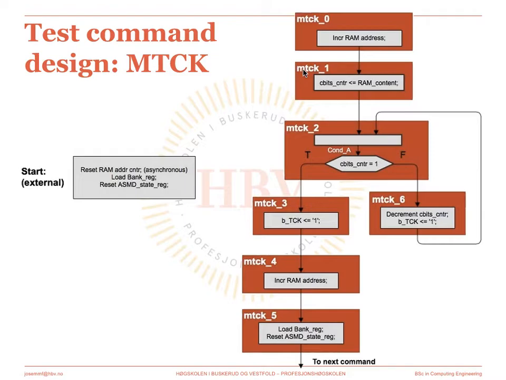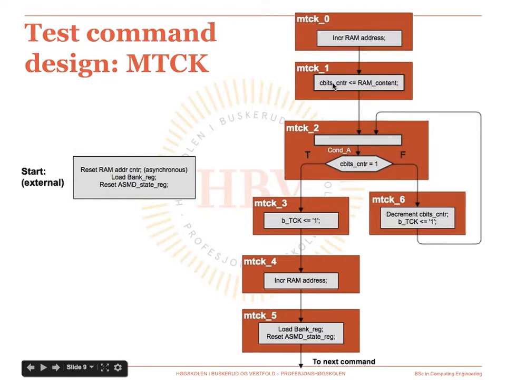So the microprogram memory section that implements this test command therefore needs to increment the shared memory address, which takes place in the first state called MTCK_0, and then to load its content into the current bits counter.